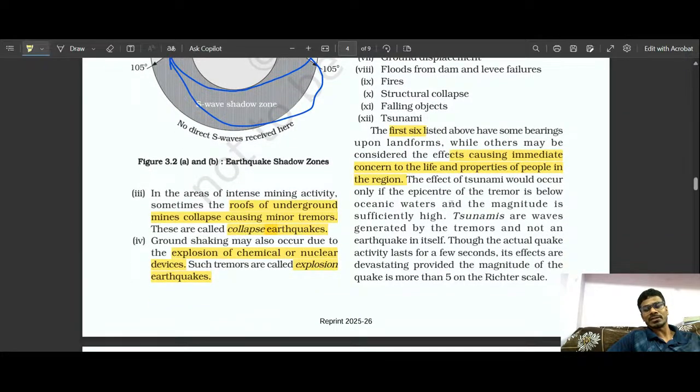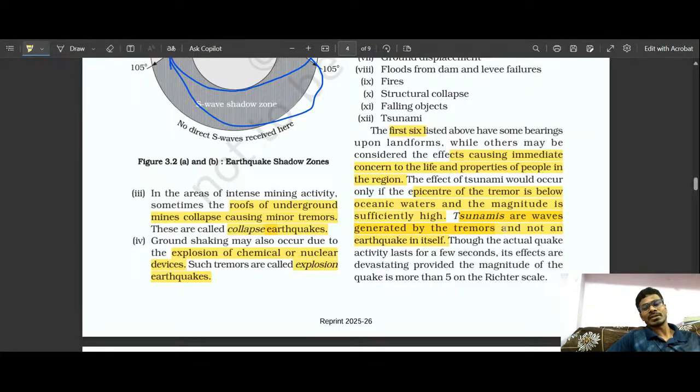The effect of the tsunami would occur only if the epicenter of the tremor is below the oceanic water and the magnitude is sufficiently high. Tsunamis are generated by the tremors and not the earthquake itself. So here we have to remember this fact: tsunamis are waves generated by the tremors, and not an earthquake in itself.